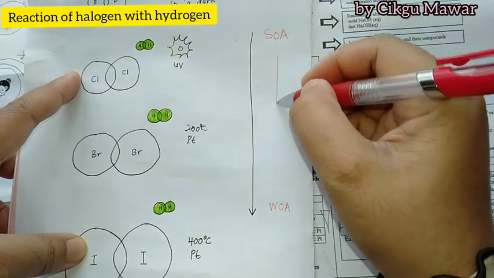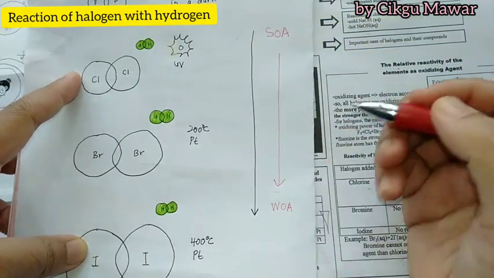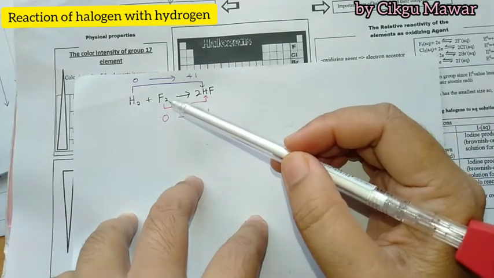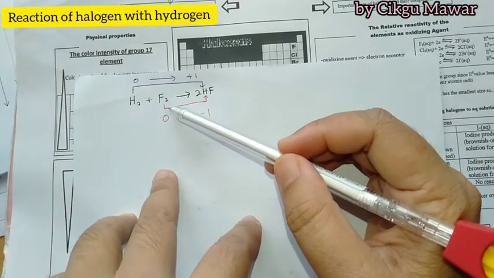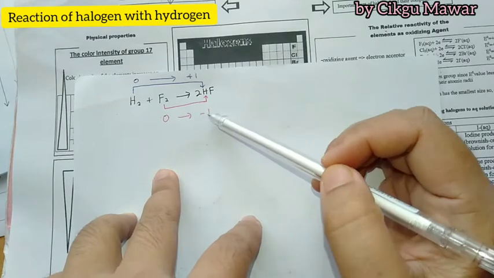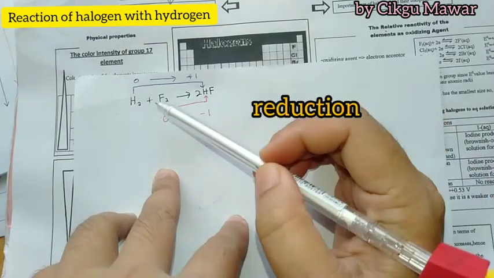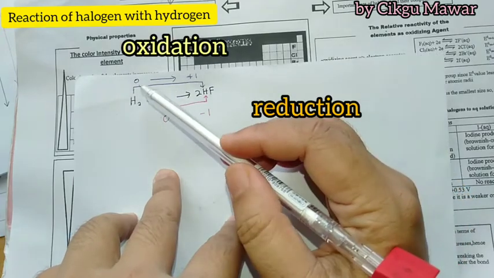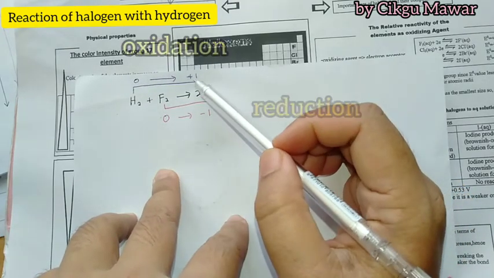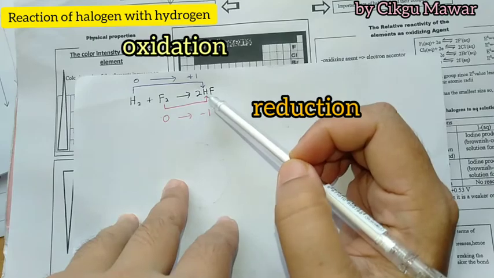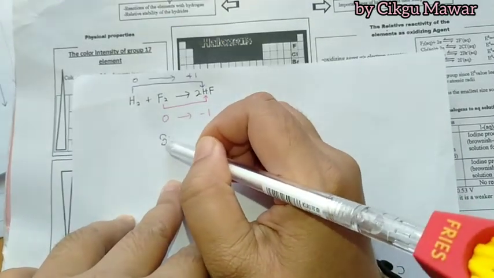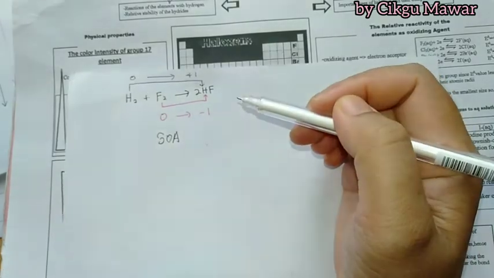This equation shows that fluorine is a stronger oxidizing agent, which is itself reduced. It oxidizes H2 to form H plus, from 0 oxidized to positive 1. So F2 is a stronger oxidizing agent.